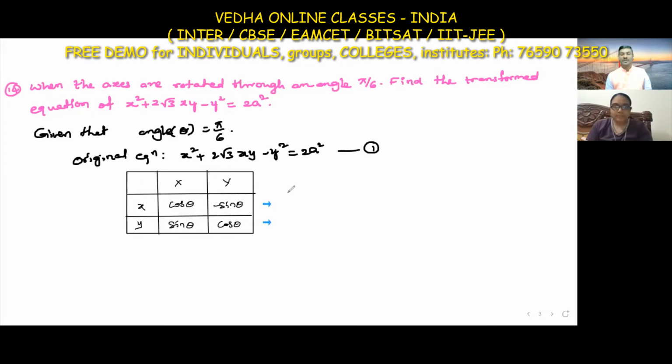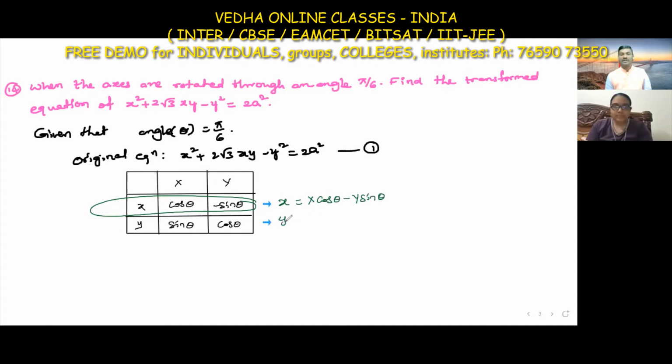Now I am writing the small x value. Whenever we write small x, we take this row and multiply with capital X and capital Y. Small x is equal to capital X cos theta minus capital Y sin theta.